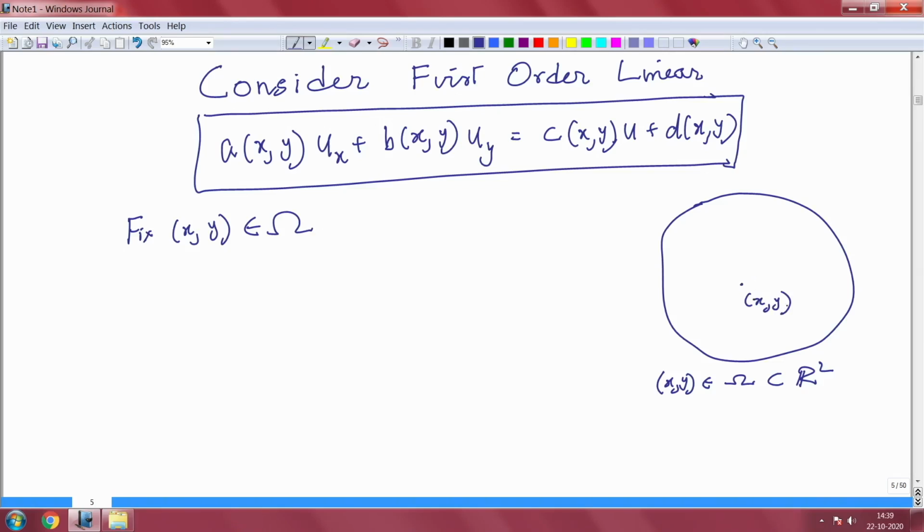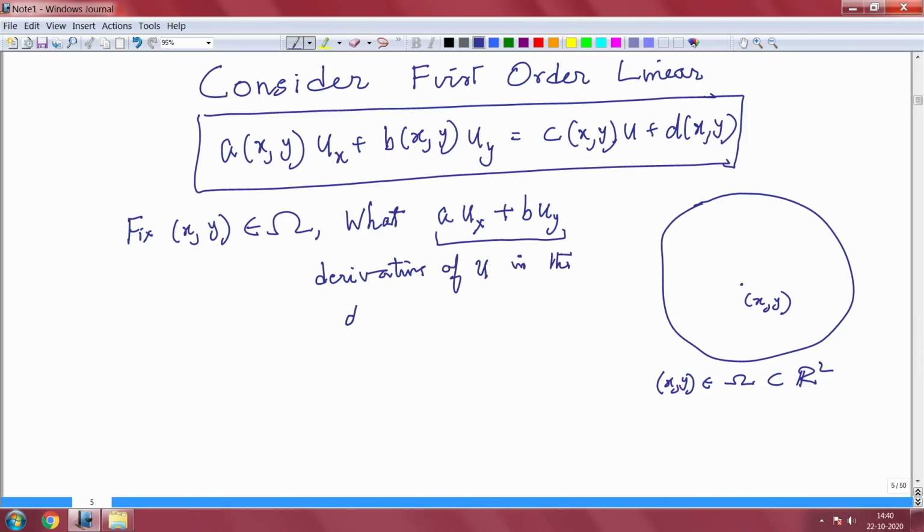And for that (x,y), what does a u_x plus b u_y represent? If you recall my preliminary lecture, this is nothing but the derivative of u in the direction (a,b).